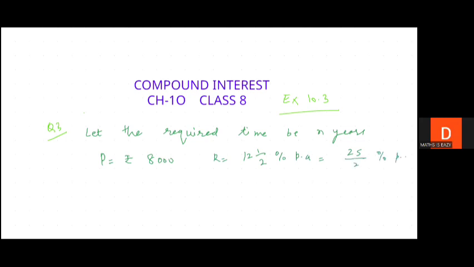So here what we have to find out is the time. So we know the formula: Amount is equal to principal times (1 plus r by 100) raised to the power n. Be careful while doing the calculations, as minute mistakes can lead to major problems.